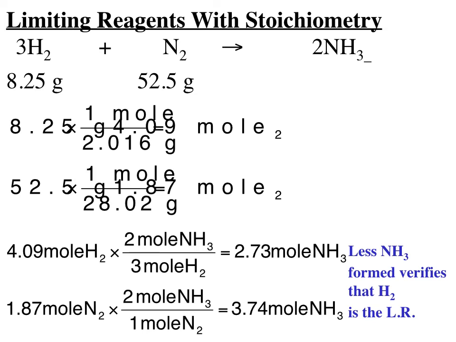So using up every bit of the N2 would form 3.74 moles of ammonia. Since more moles of ammonia are formed from the reaction of all the nitrogen compared to the number of moles formed by reaction of all the H2, I verify that H2 is the limiting reagent in this case.